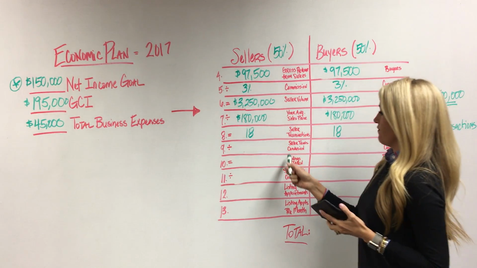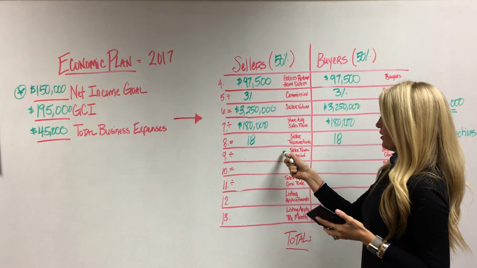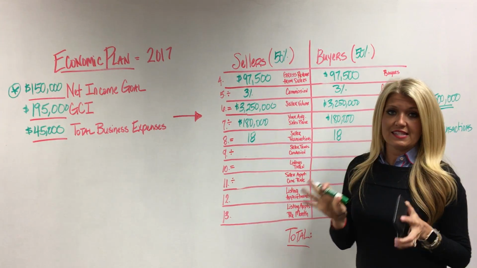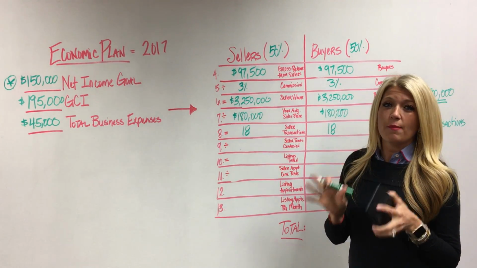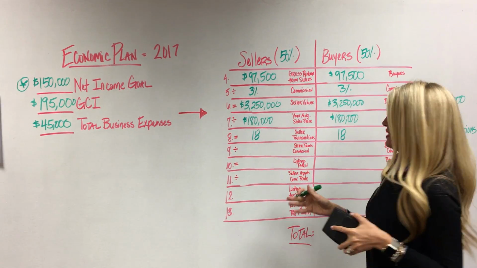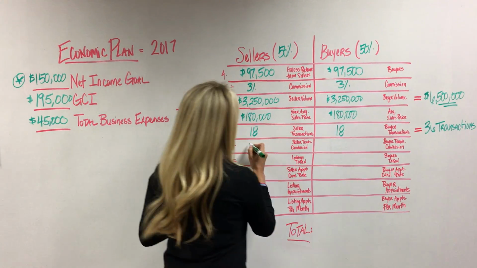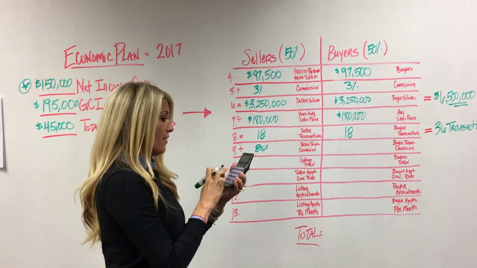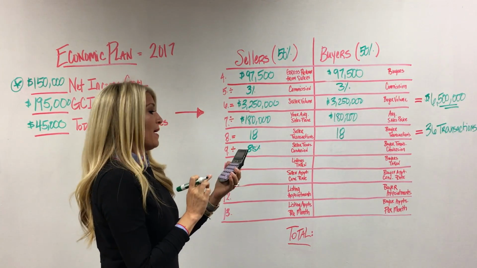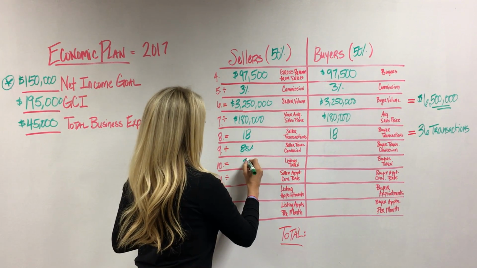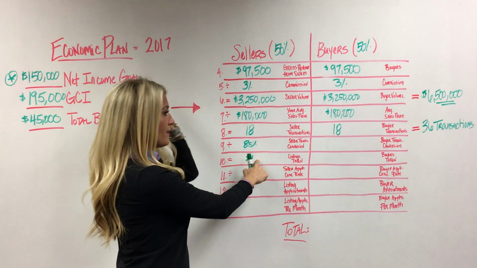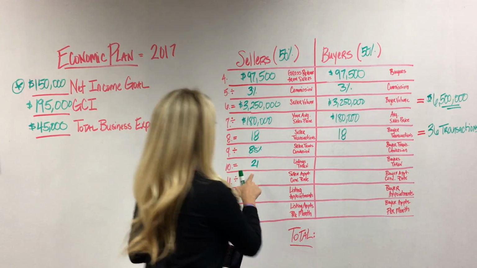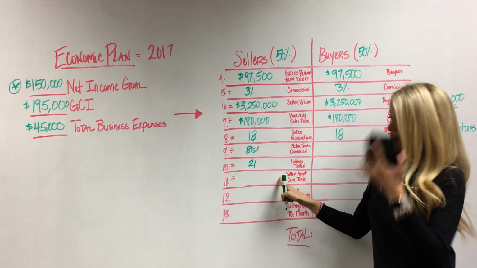Now we're going to get into your conversion rates. This first one is your seller transaction conversion. Of 10 listings that you have that go under contract, how many of those are going to actually close? The average on that is right around 85%. So we're going to take 18 and divide that by 85%, which means that you need to take 21 listings to actually close 18. But then we have to do it one more time, and this is our appointment conversion rate.